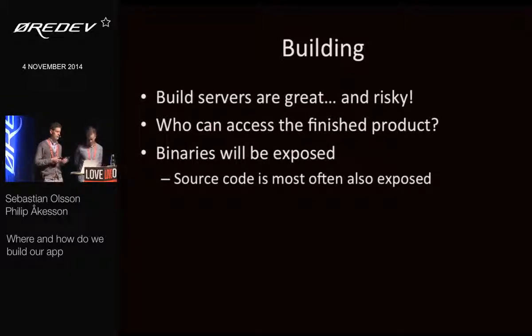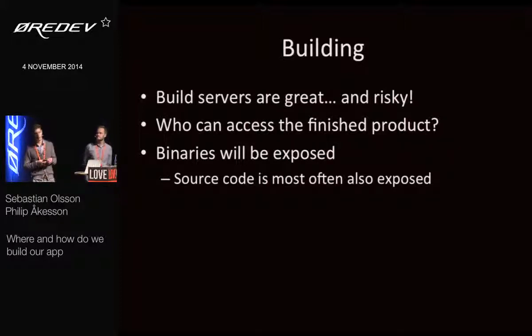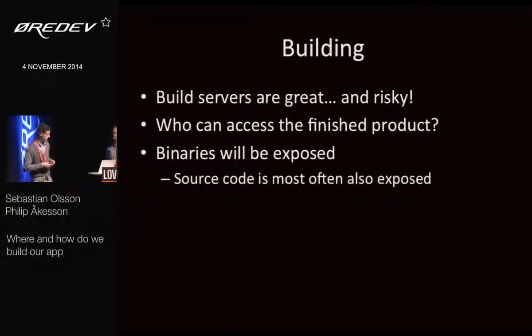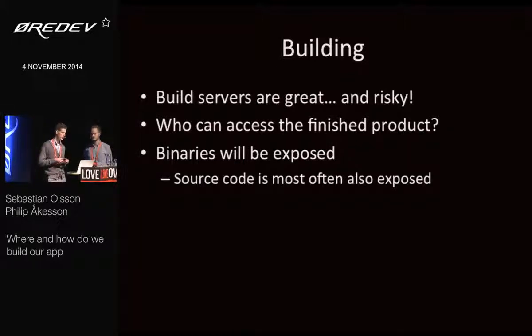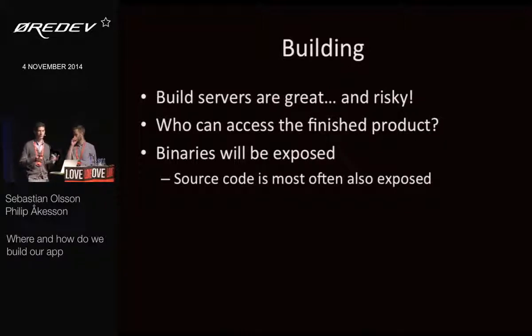And also think about if you're building debug binaries, where you maybe disable some protections, maybe you have extra debug output, you should probably not allow everyone to get access to that. And most build servers, as I said, also expose source code in some way as a way to help you know which build represents which commit or version in your source control system.